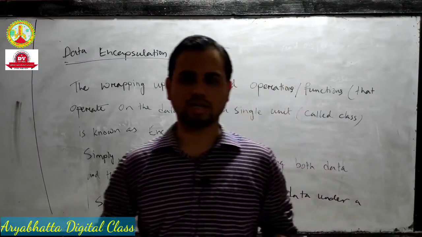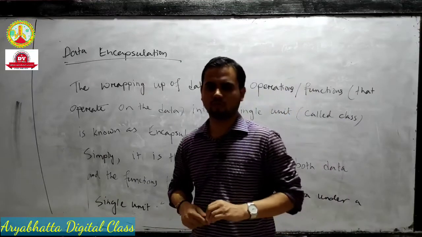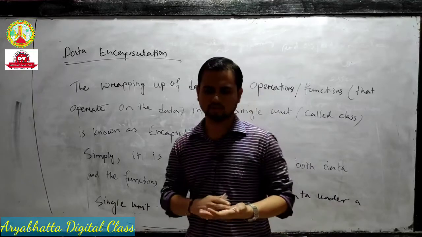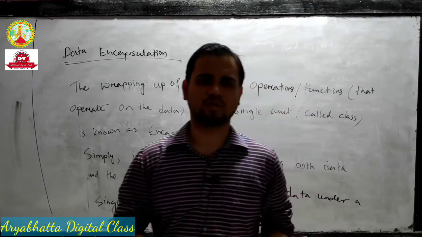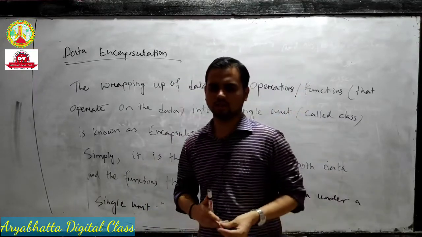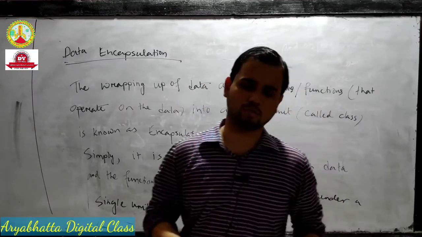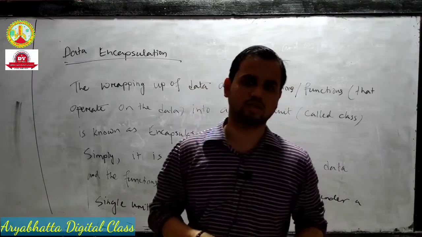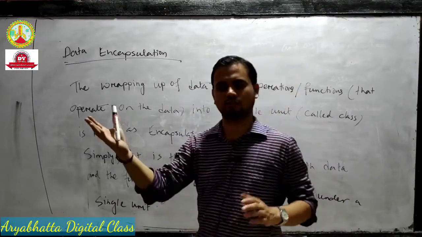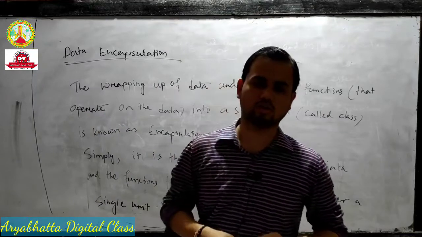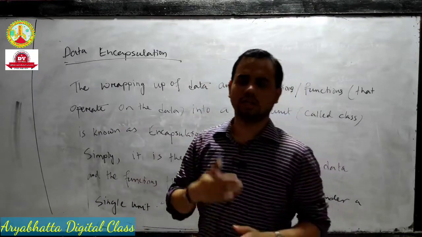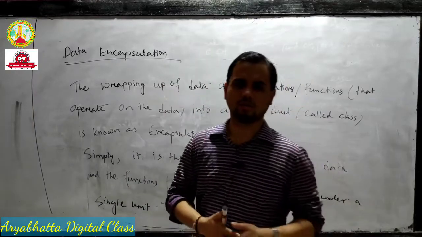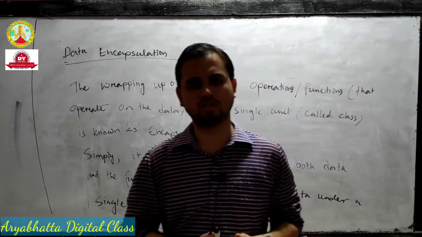The example I told you: in an office you have many departments, such as accounts, sales, and production. An employee who works in the production department, if he wants information from the accounts department, does not directly access the accounts details. He asks an employee of the accounts department for permission.